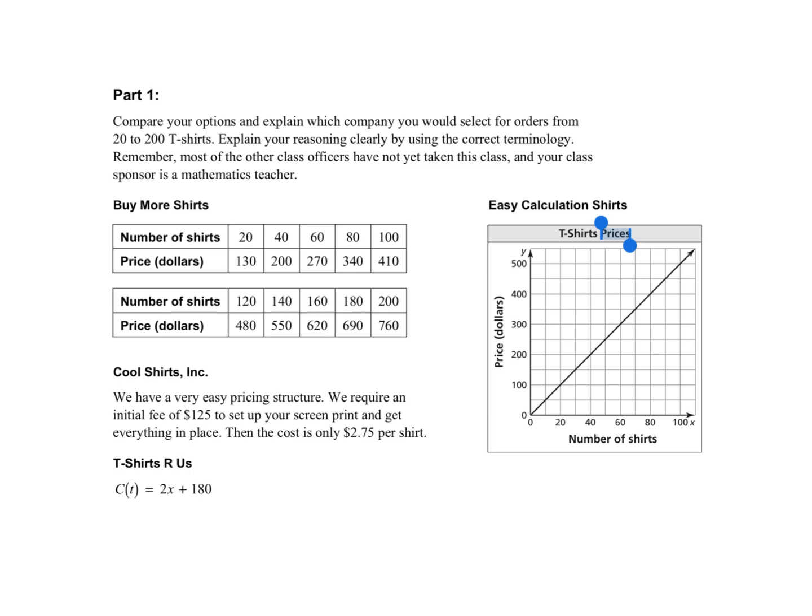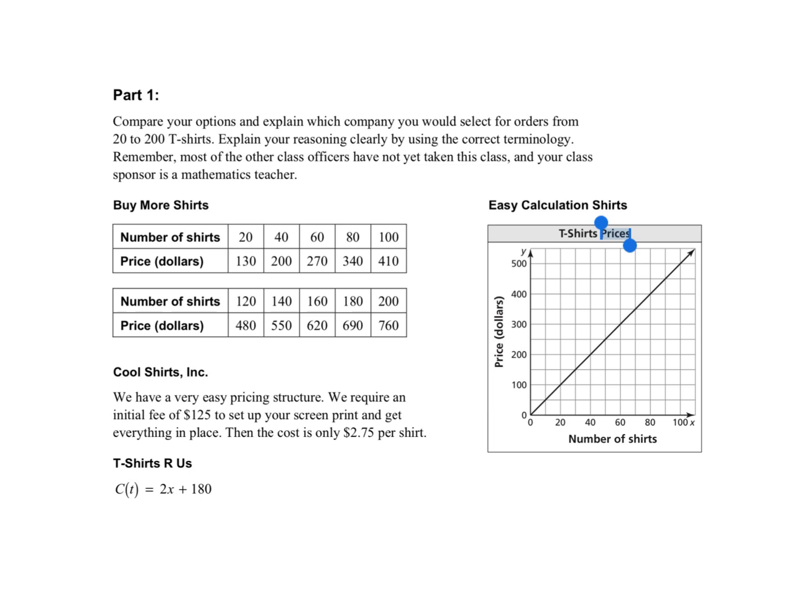You can create a table for each company, showing what it would cost for 20, 40, 60, 80, on up to 200 shirts. So with the cool shirts, you could multiply the cost of only $2.75 per shirt by 20 and then add 125.